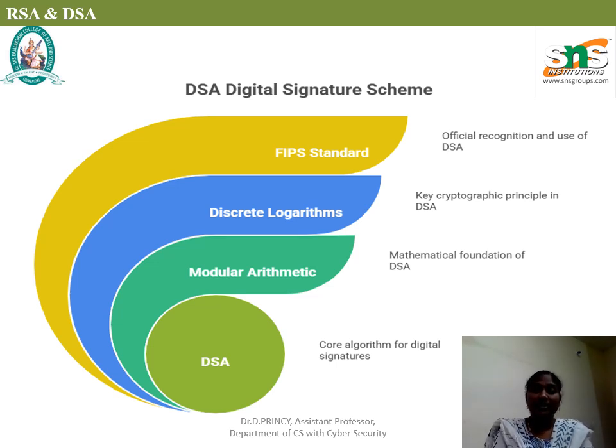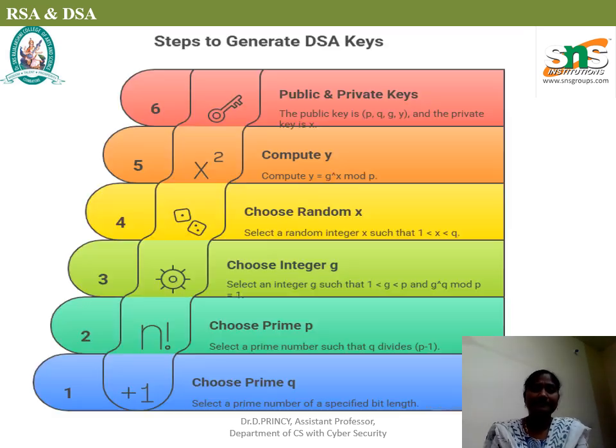It includes modular arithmetic, which is the mathematical foundation of DSA, and it also applies discrete logarithms. These are the key cryptographic principles in DSA. Next, FIPS standard, which is the official recognition and use of DSA. For those purposes, it is recommended by the governments.